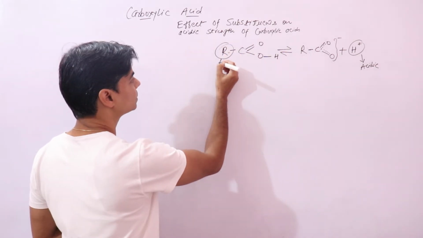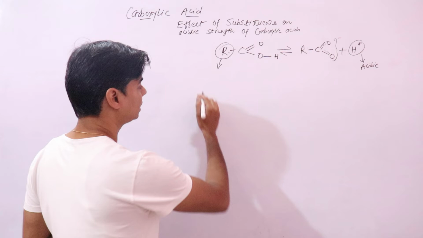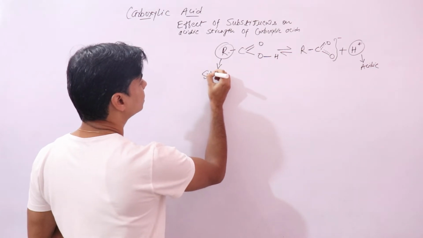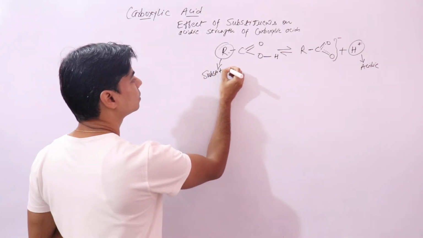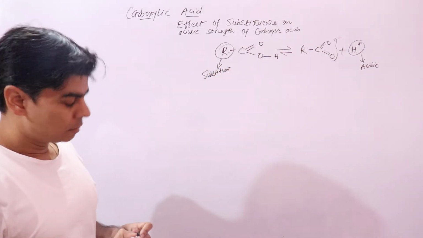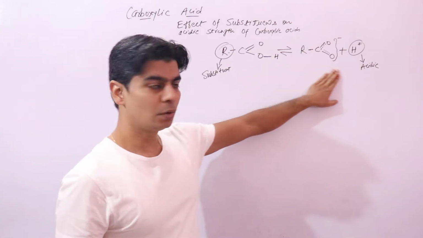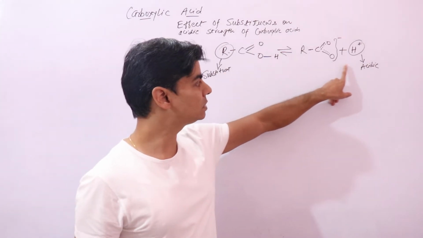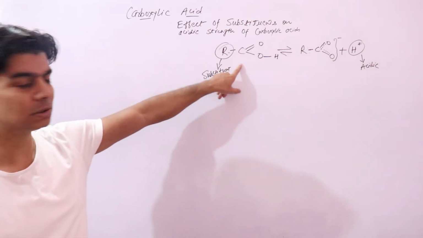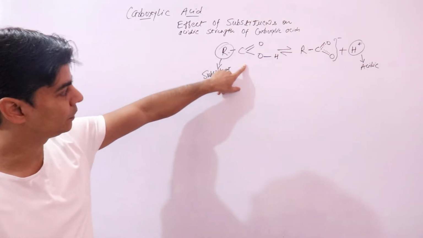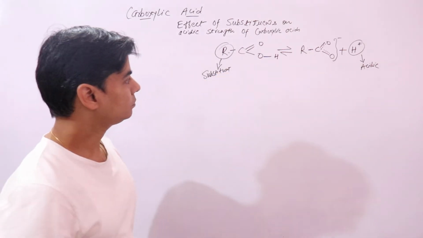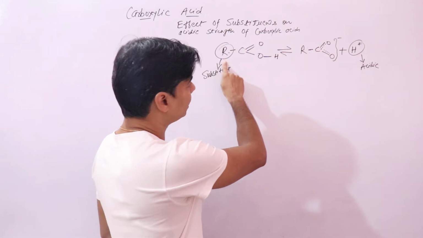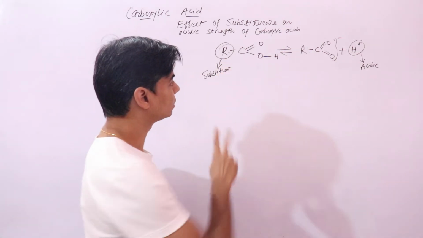We'll see how this substituent will affect the acid strength, right? Now there are two things. If you look at this reversible reaction, these two ions will recombine to give you back this unionized molecule, right?